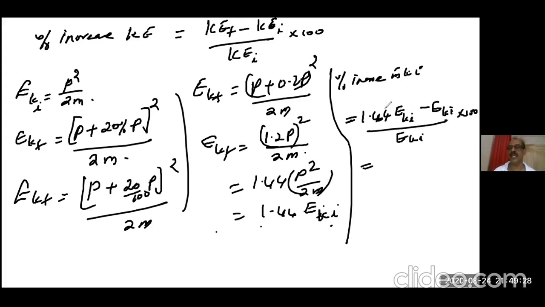Here EKI we can take outside. It will come 0.44 into 100. That will be 44%. Is it clear? Yes, sir.